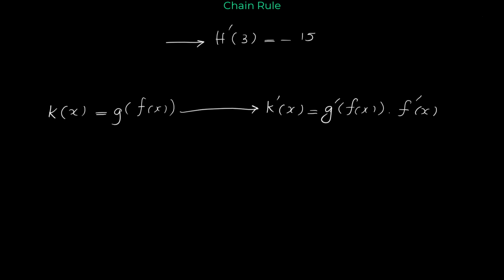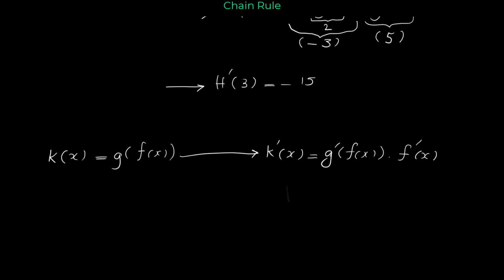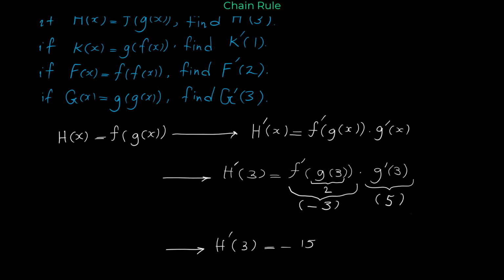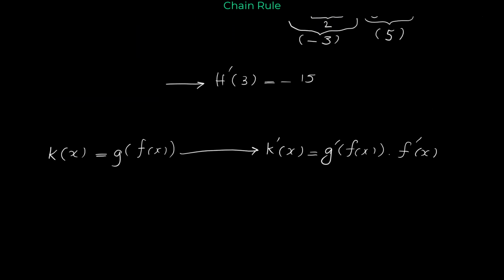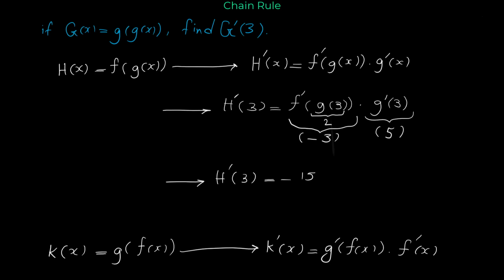Now we have to plug in 1 because we want to find k prime of 1. So we have k prime of 1 equals g prime of f of 1 times f prime of 1. What is f prime of 1?